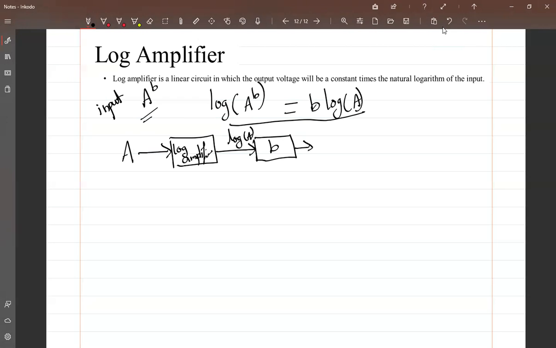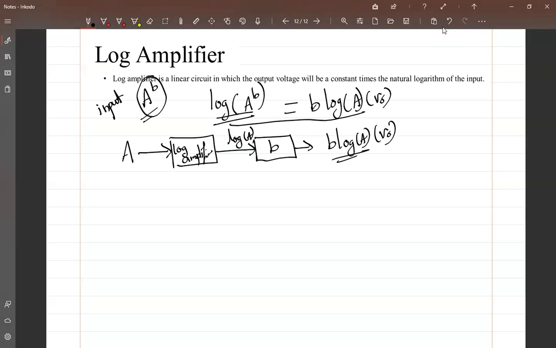So you will get B log A, which is the logarithmic value of A power B. Similarly, you will get the output like this using the op-amp circuit. Those things we are going to implement in an op-amp using some circuit configurations.